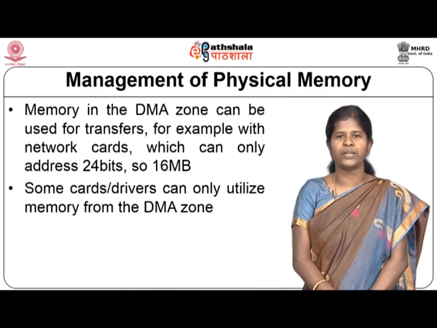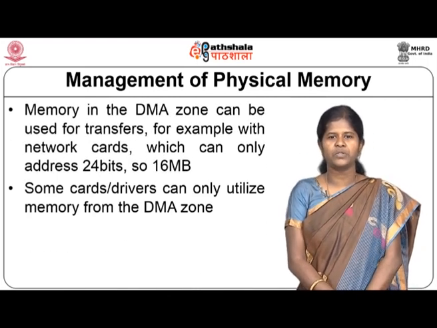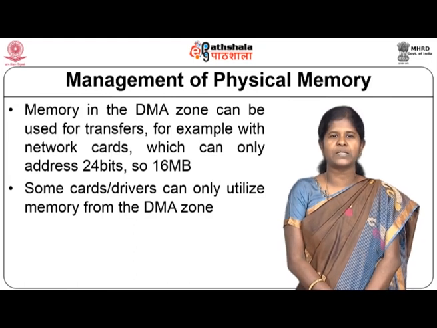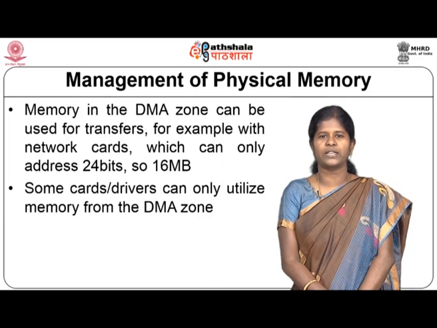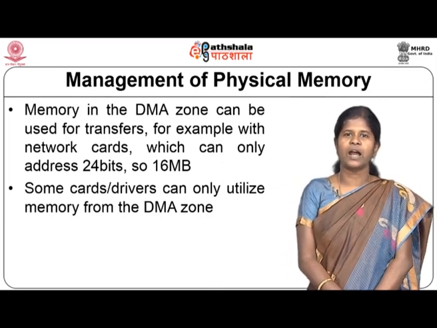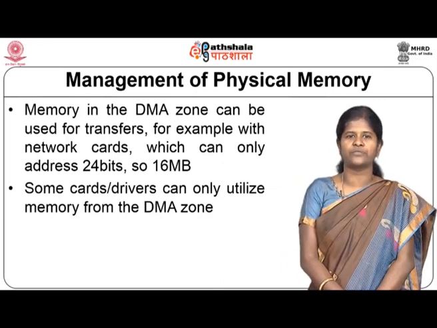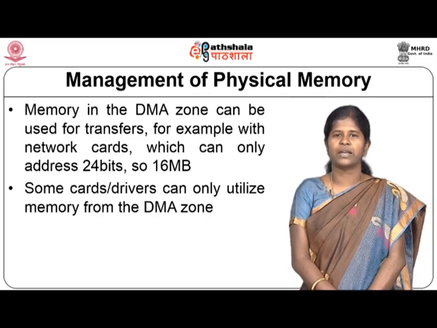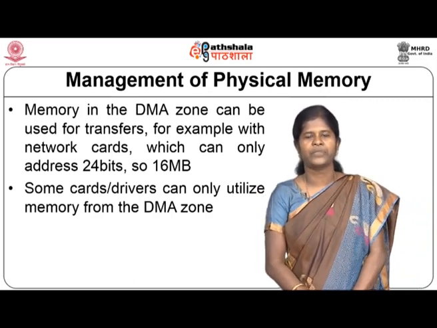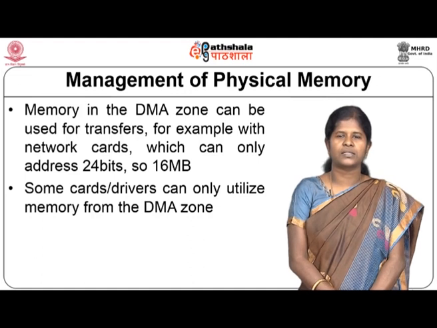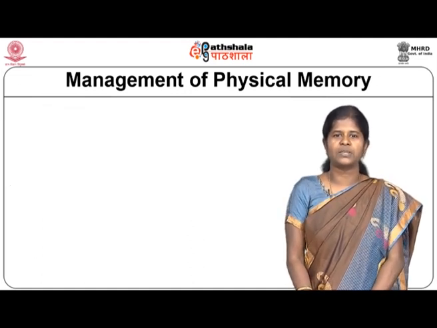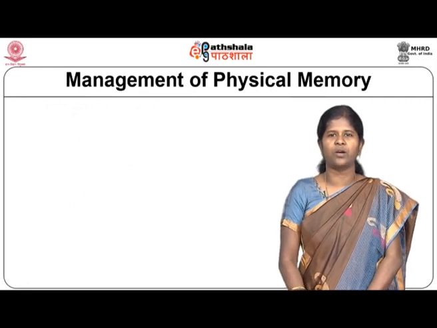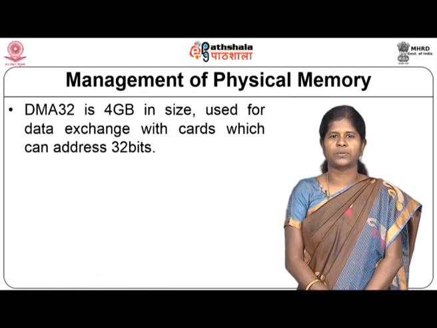Memory in the zone DMA has generally been used by some specific devices, for example, for transfers with the network cards. The network cards can use only 24-bit addresses, and hence they can address only 16 MB, and those cards will use the DMA zone. Some cards or drivers can access or utilize only the DMA zone.